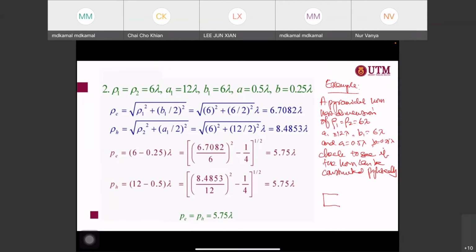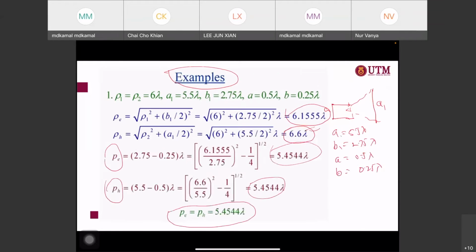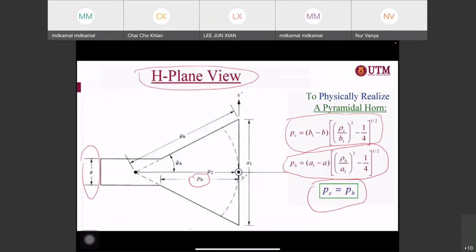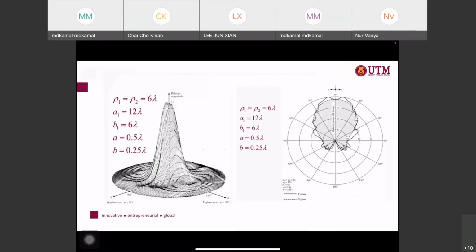So this is your horn, these are the A values, and this is your A1. Then you need to find out the PE and PH here.